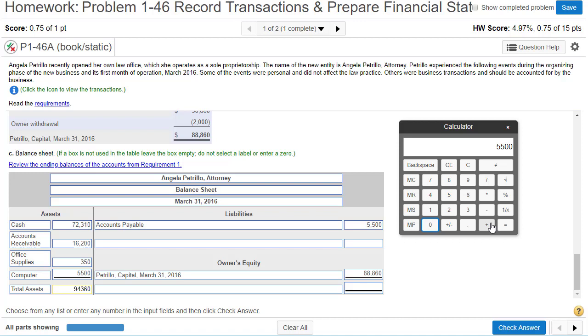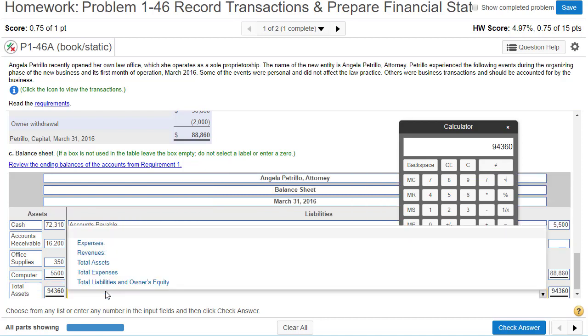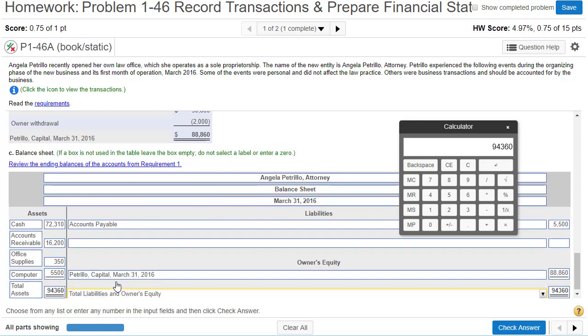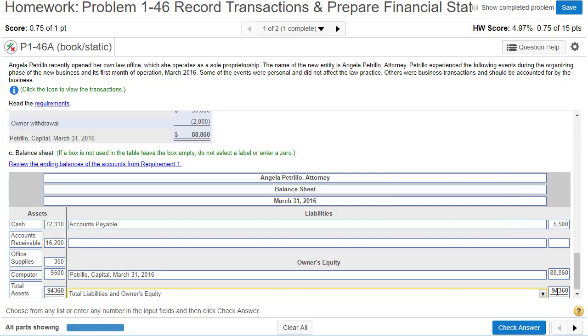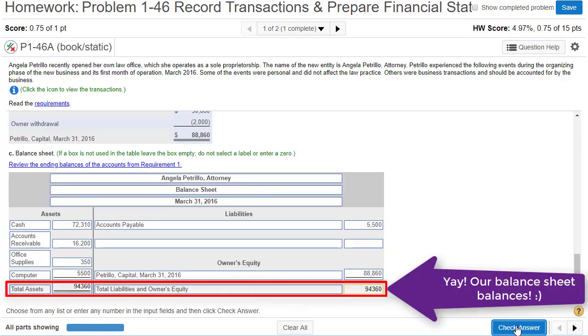So $5,500 plus 88,860 gives us 94,360, which is the same as our total assets. So the label we're going to use is liabilities and owner's equity. So that's it for our balance sheet. See if I did everything right.